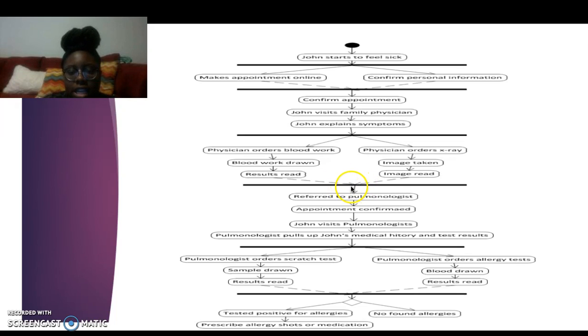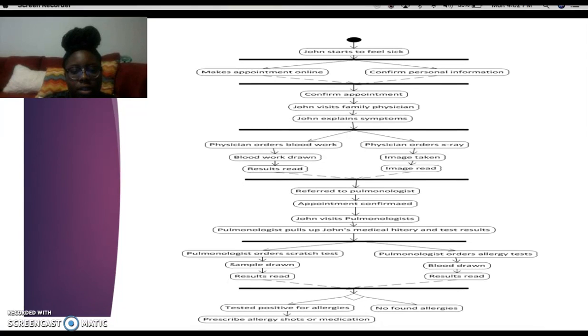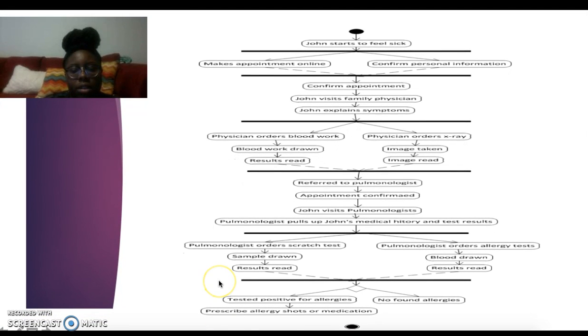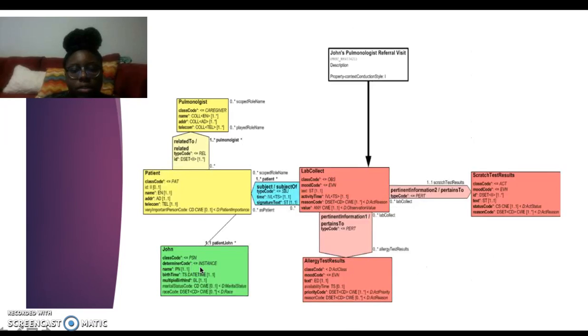So I decided to take it out there and just leave this decision down here. So that is it for my UML diagram.